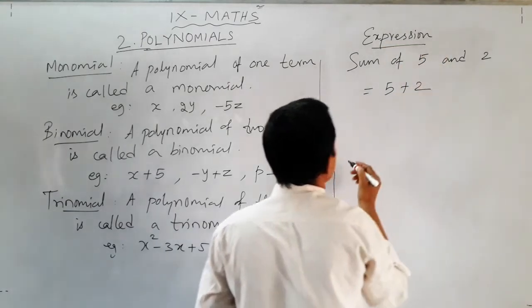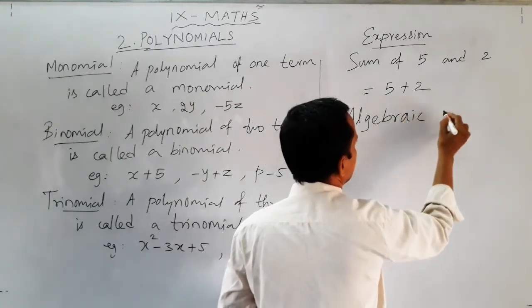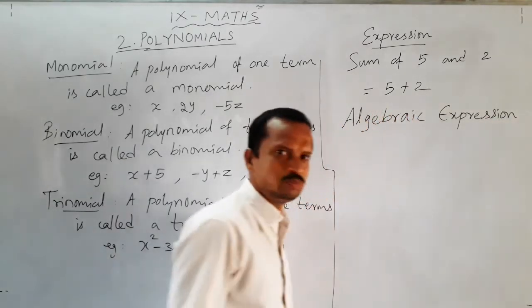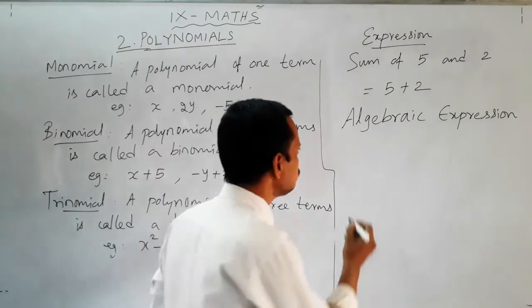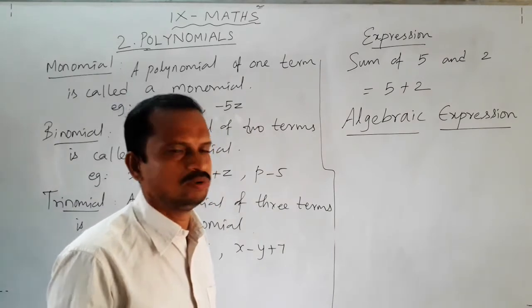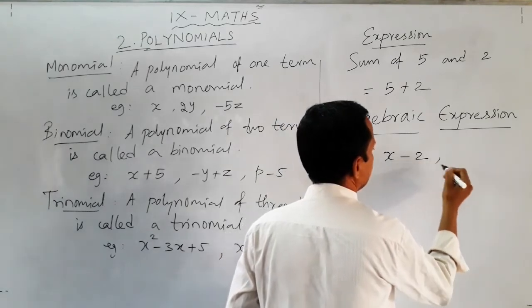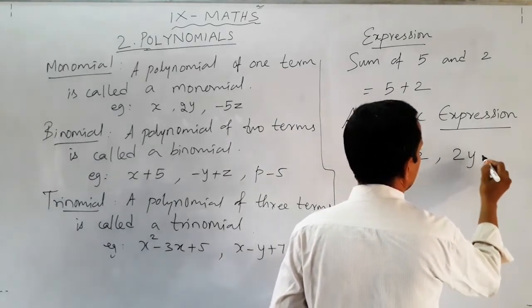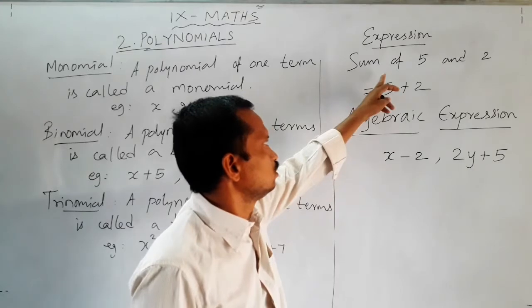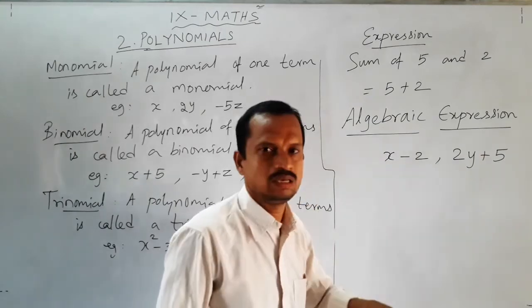Okay. So algebraic expression means, if you face some variables, for example x minus 2 and then 2y plus 5. You see what's the difference between this and this? Here the unknowns x, y are present.